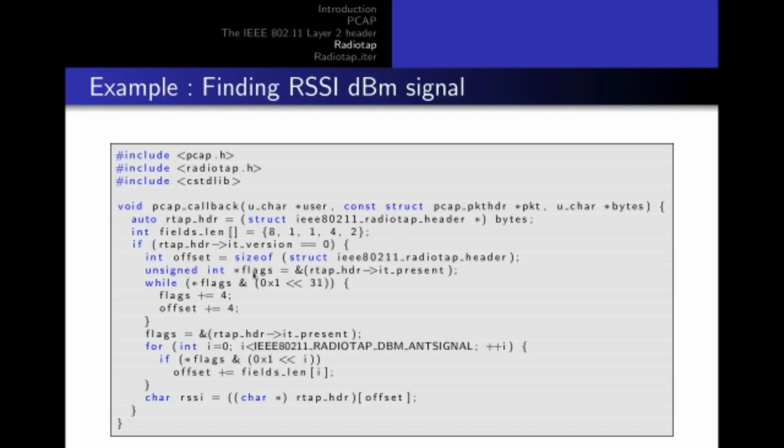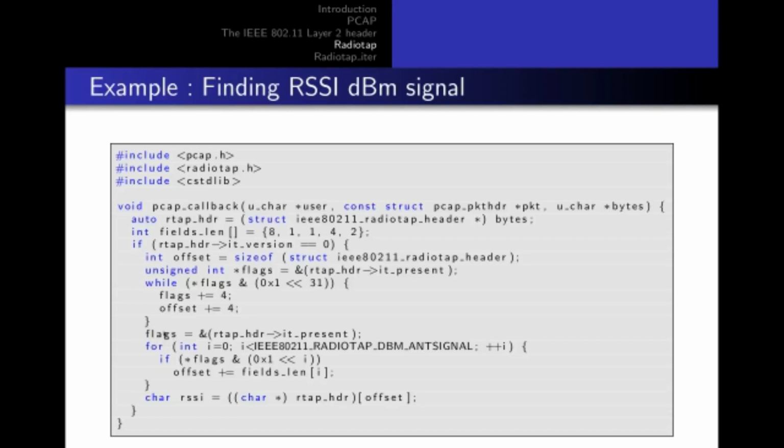If it's okay, you offset by the size of the Radiotap header structure. Then you cast flags as an unsigned int with this address, and while the extended flag bit is 1, you add 4 to the flag size and 4 to the offset. So that's if you have extended flags.